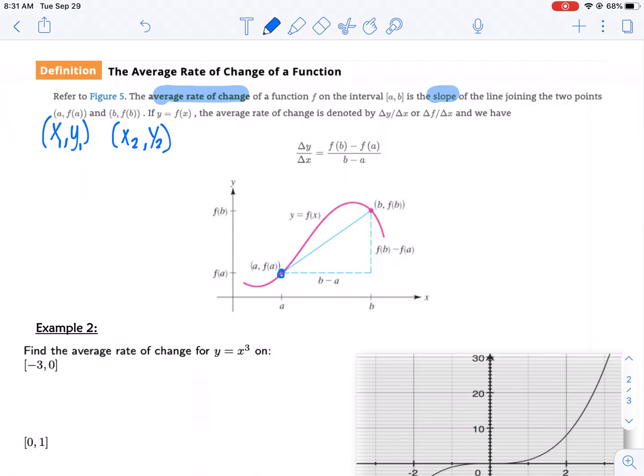Right, these 2 points right here. F of a and f of b is just the y value. So if y equals f of x, that function, the average rate of change is denoted by the change in y over the change in x. Oh, that makes sense, right?